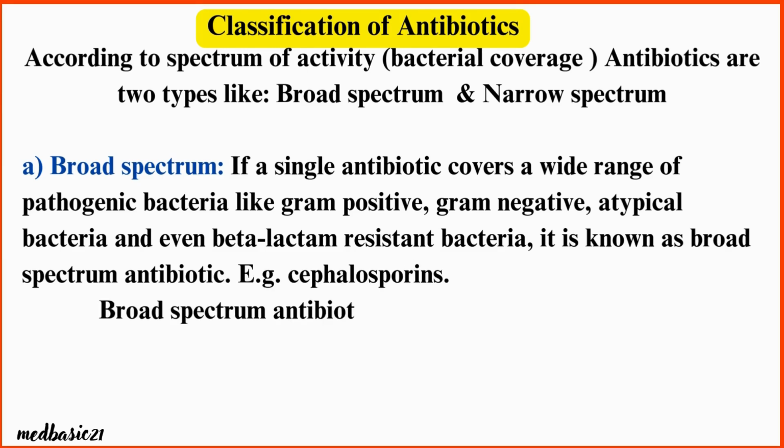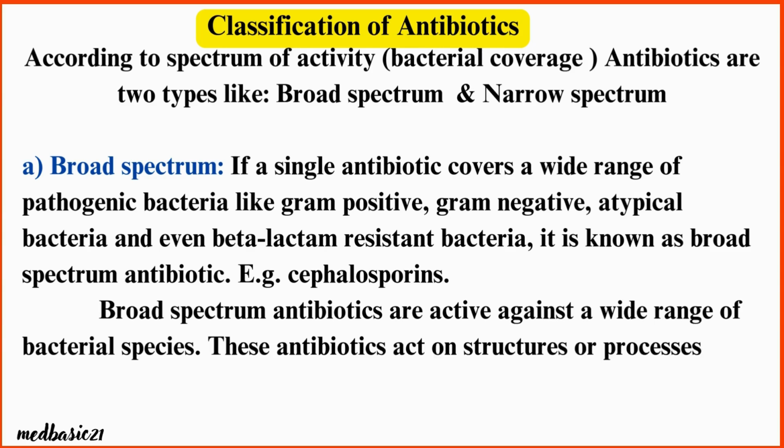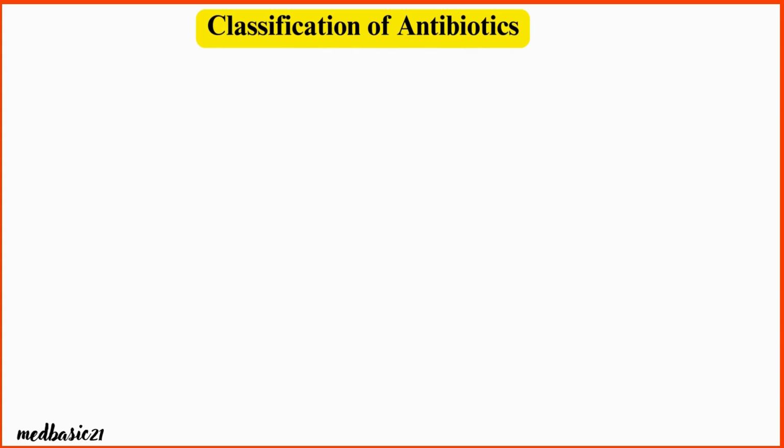Like cephalosporins, broad-spectrum antibiotics are active against a wide range of bacterial species. These antibiotics act on structures or processes that are common to many different bacteria, such as the components of the cell wall.